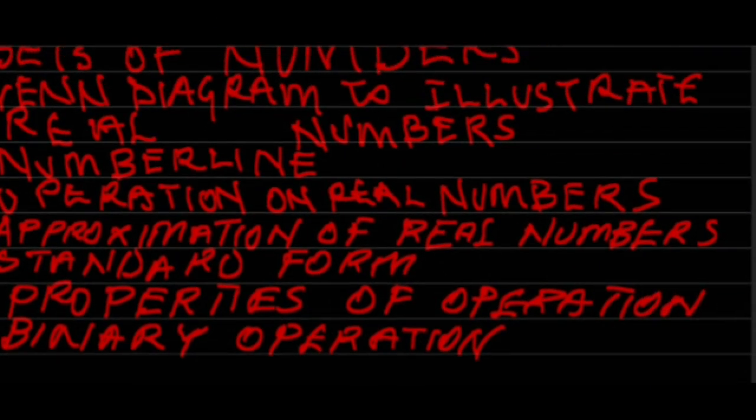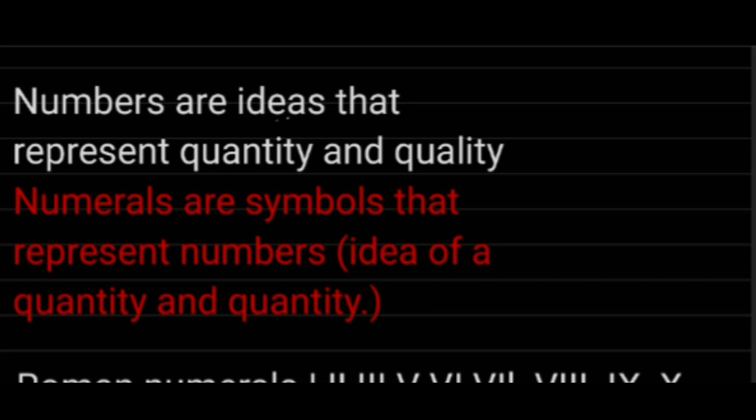Let's go on quickly. So when we are asked what is a number, numbers are ideas that represent quantity and quality. So every number is representing a particular quantity of an item, or it is representing the quality. When you say quantity, you are looking at how often an item occurs. It could be once or 5 times or 6 times or 30 times.